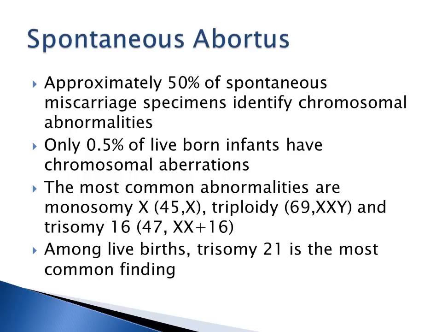So most chromosomal abnormalities are monosomy X, 45,X, triploidy 69,XXY, and trisomy 16, 47,XX plus 16. And among live births, trisomy 21 or Down syndrome is the most common finding.